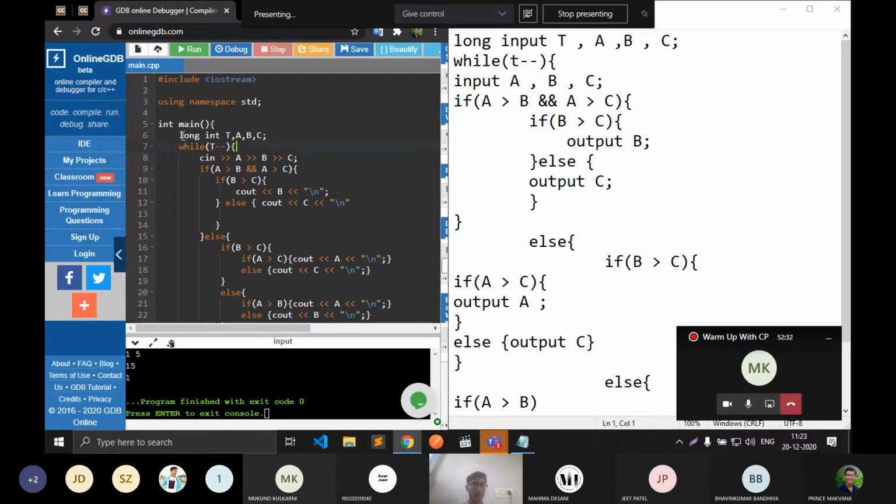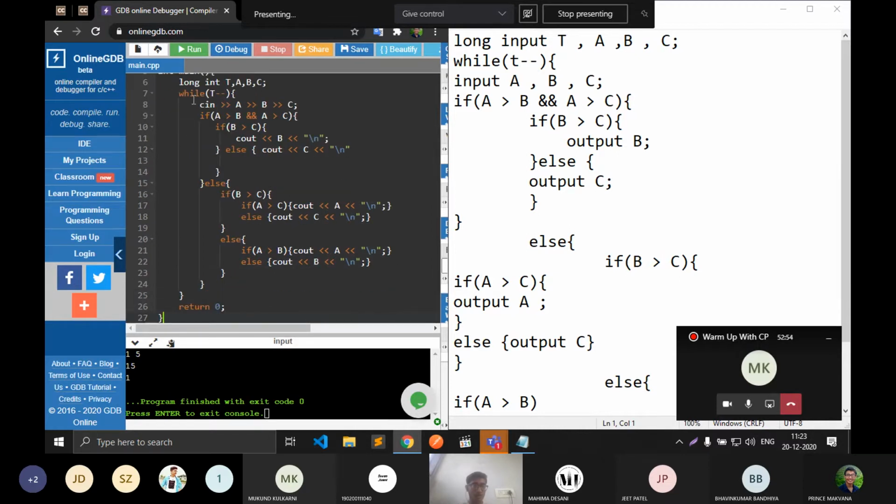First I define t, next add a, b, c. If b is first, then a is second, otherwise c is second. Otherwise c is first, so a is second or b is second. The file is ready to run.